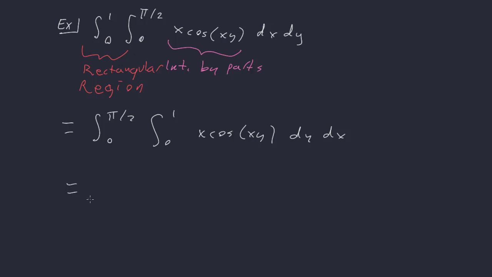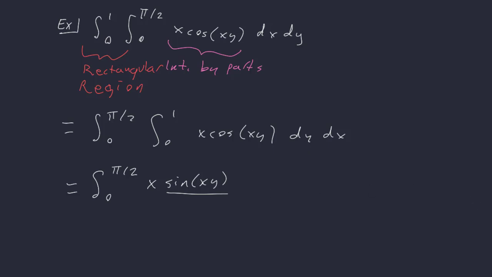Okay, so now we'll just integrate. We have the integral from 0 to pi over 2, and now it will be the integral of cosine, which will be sine of xy. Then we're going to divide by the derivative of the inside, and remember, we're differentiating with respect to y.